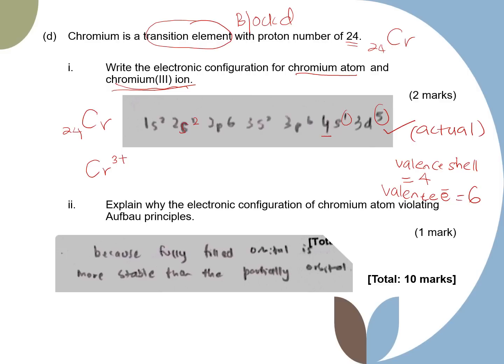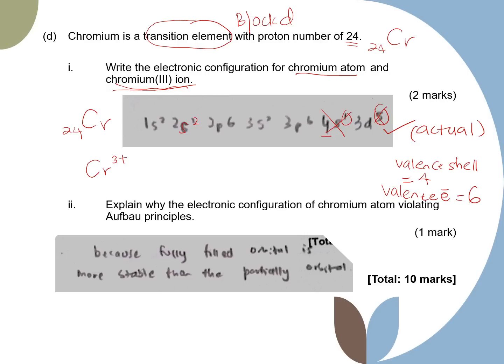So where do we remove the electrons? Remember, when you want to remove electrons, it must start from the valence shell or the outermost shell. The outermost shell is 4s1, so we remove 1 electron from here. That is not enough yet because we need 3 electrons, so the other 2 electrons you have to take from 3d.